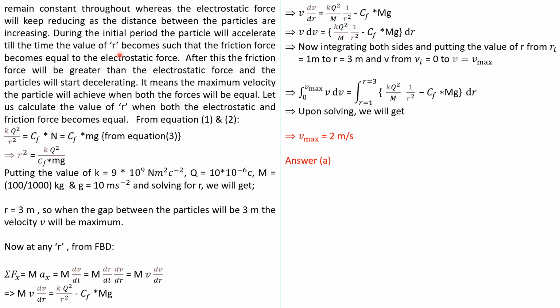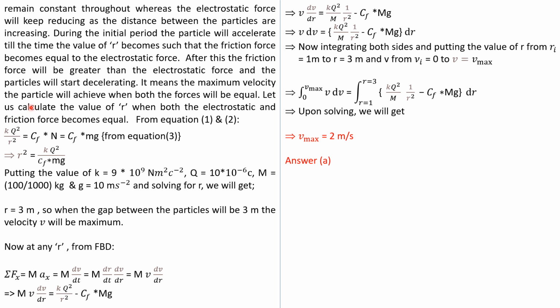So what does it mean? It means the maximum velocity the particle will achieve is when both the forces are equal. So let us calculate the value of r when both the electrostatic and friction force become equal.